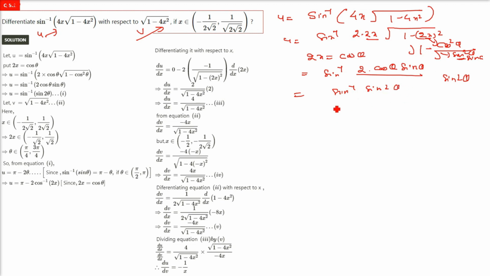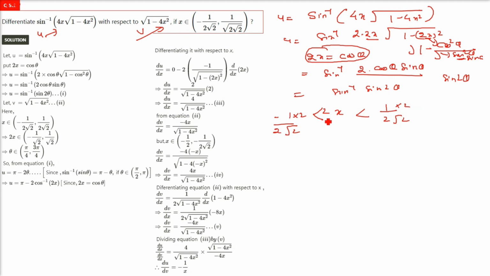But before doing that, we have to see the range, we have to see the boundary. So x is between negative 1 by 2 root 2 and 1 by 2 root 2. This is the range being provided. Alright, there is a misprint there, but don't worry, you know what we are doing. We have to see 2x here, because 2x is cos theta.